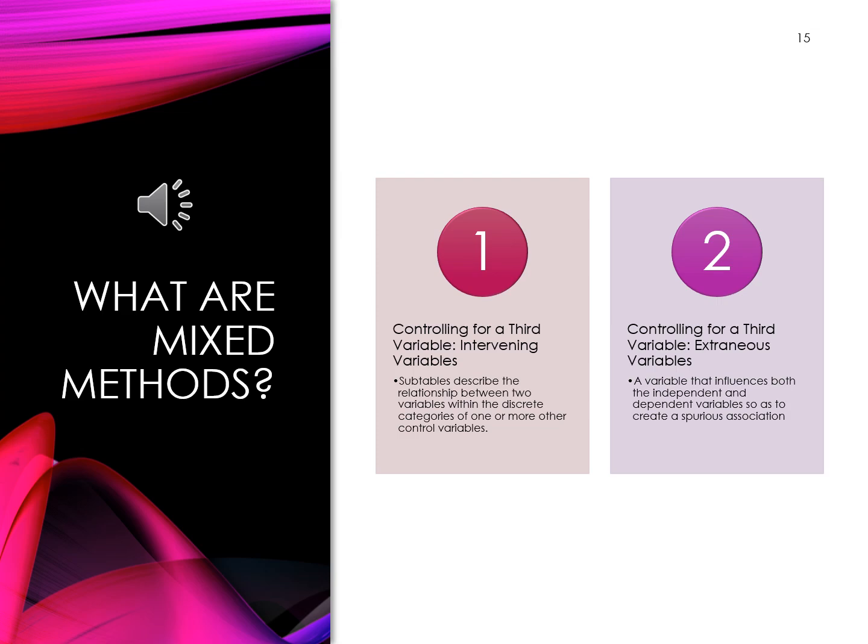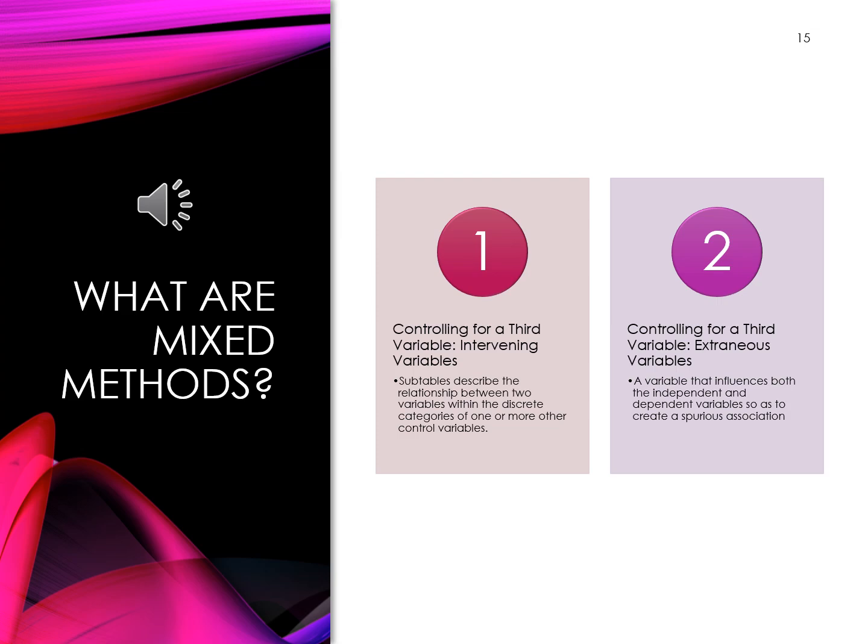Intervening variables are variables that intervene in the relationship between two variables. For example, parental supervision intervenes in the relationship between gender and delinquency. And then we have subtables. These tables describe the relationship between the two variables within the discrete categories of one or more of the other control variables.